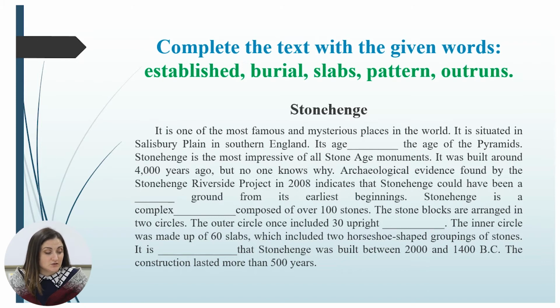The outer circle once included 30 upright slabs. The inner circle was made up of 60 slabs, which included two horseshoe-shaped groupings of stones. It is established that Stonehenge was built between 2000 and 1400 before Christ. The construction lasted more than 500 years.